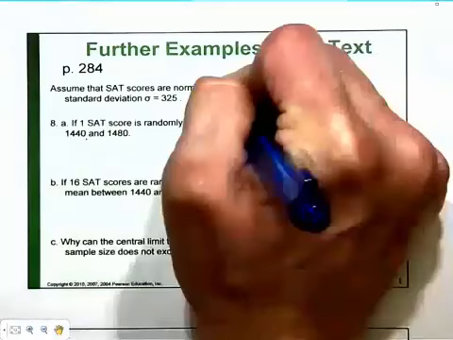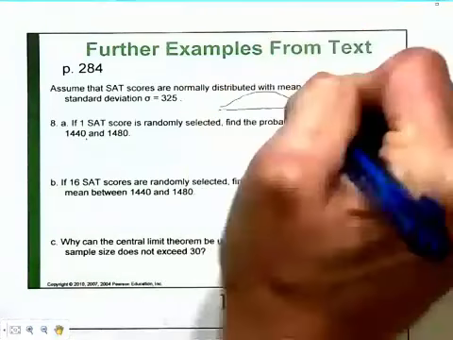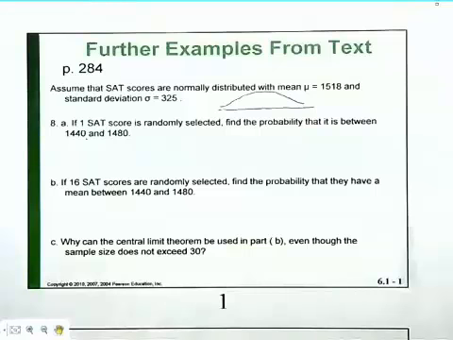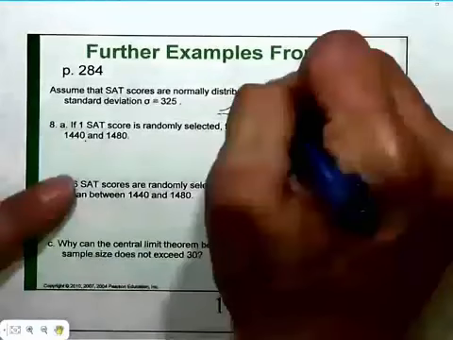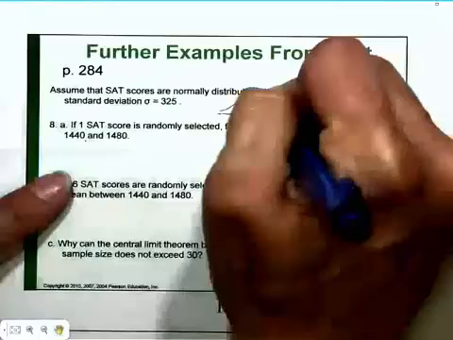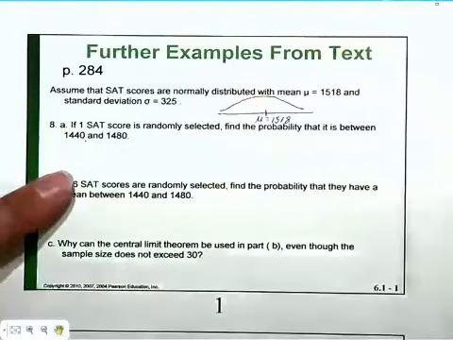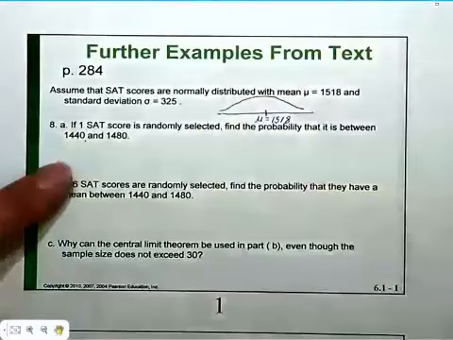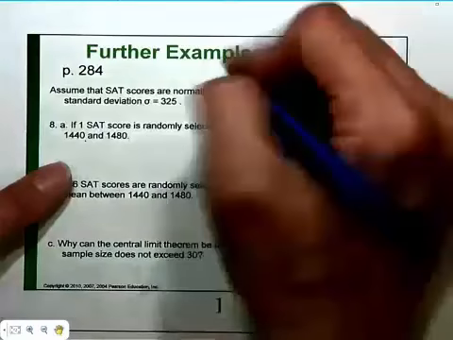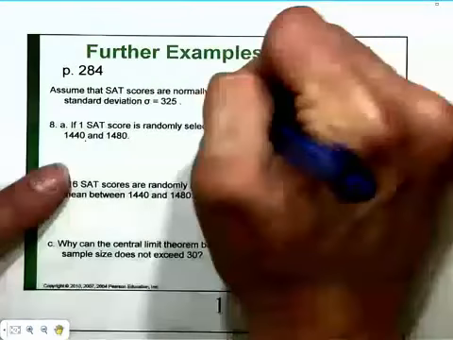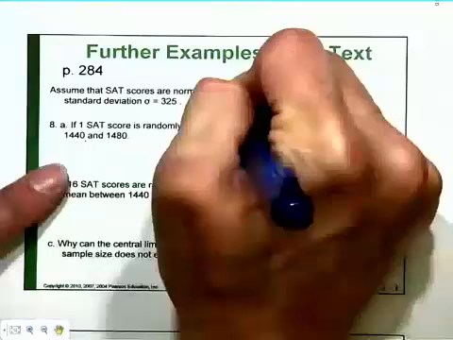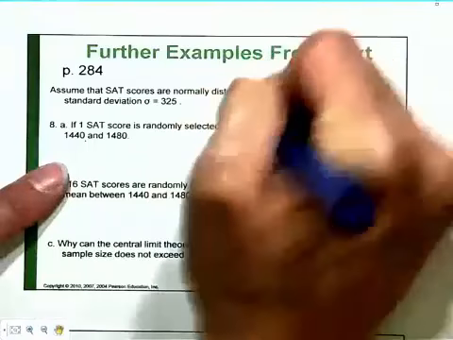Here's the normally distributed SAT scores that have a mean of 1,518. And both of the scores that we're interested in are below the mean, 1440 and 1480.